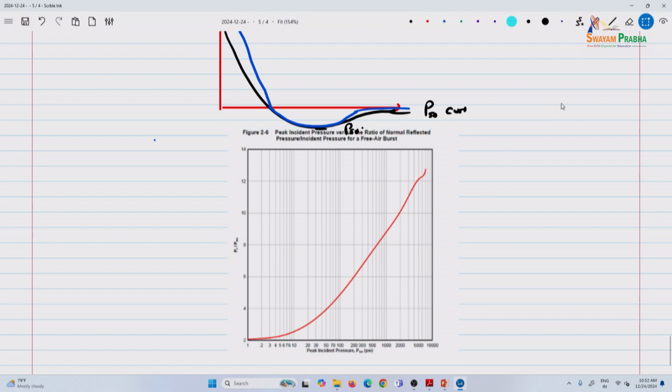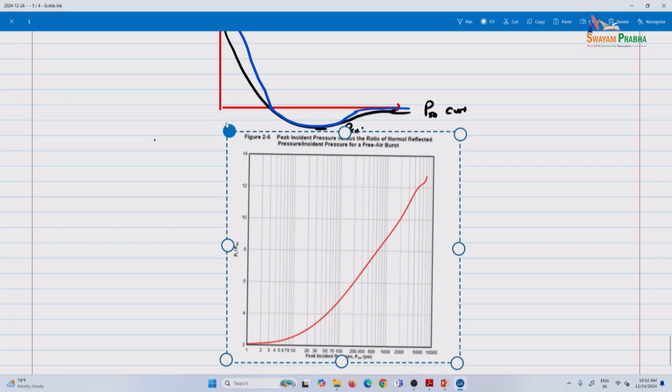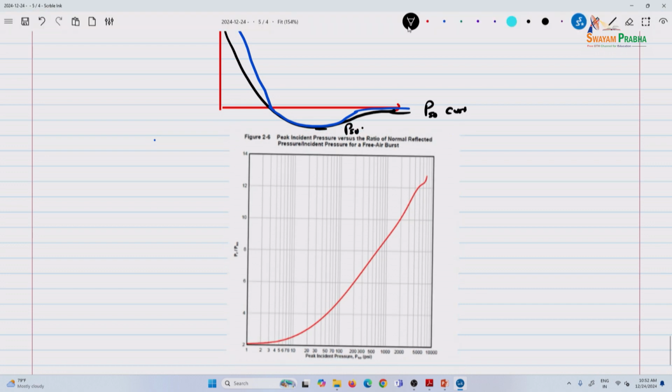So if you see here, the peak incident pressure, this is PI or PSO. So here you have, this is PSO and this is PR versus PSO, and it depends on the incident pressure.